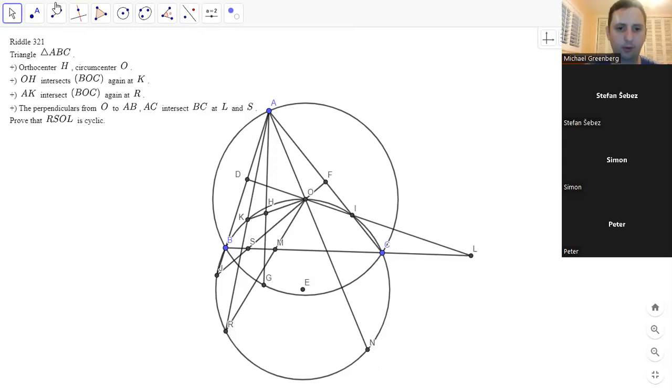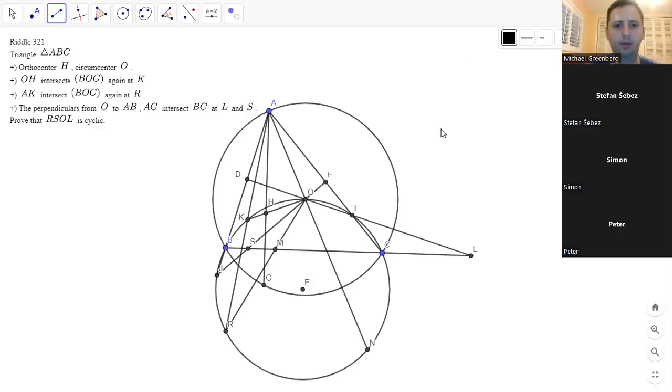The other way is to show that J, M, and I are collinear. So K, M, and N, and J, M, and I. Maybe we could let IJ intersect BC at M prime, and then we want to show O, M prime, and R are collinear.